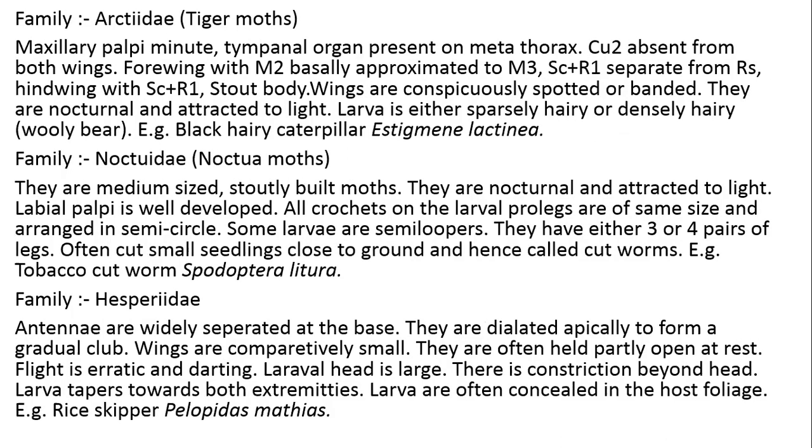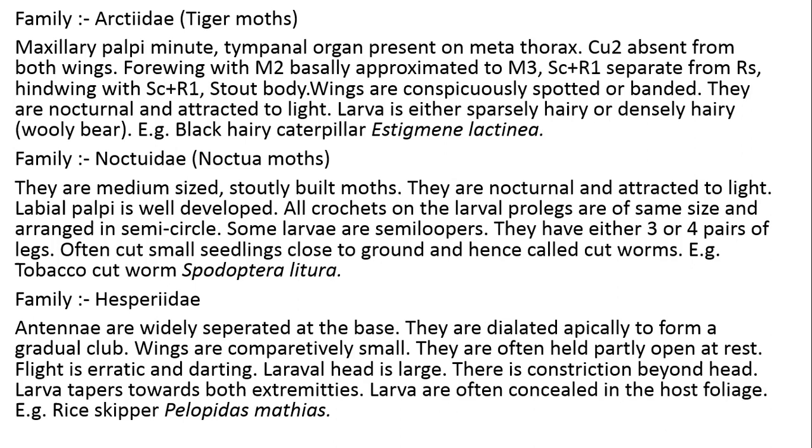Arctiidae, known as tiger moths. Maxillary palps minute, tympanal organs present on metathorax, cubital 2 absent from both wings, forewings with M2 basally approximated to M3, subcosta plus radius first separates from the radial sector, hindwings with SC plus R1, stout body, wings conspicuously spotted and banded.